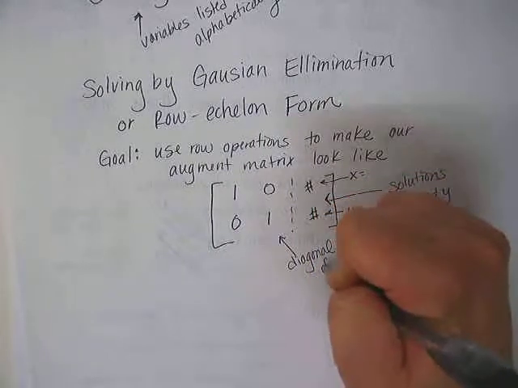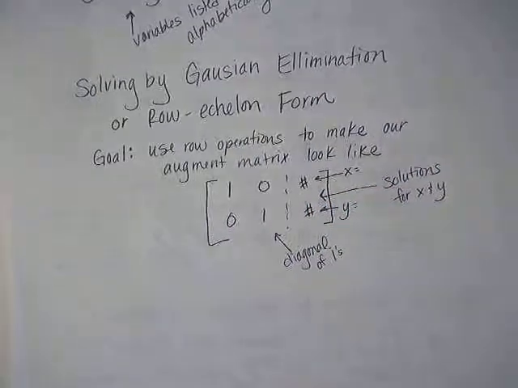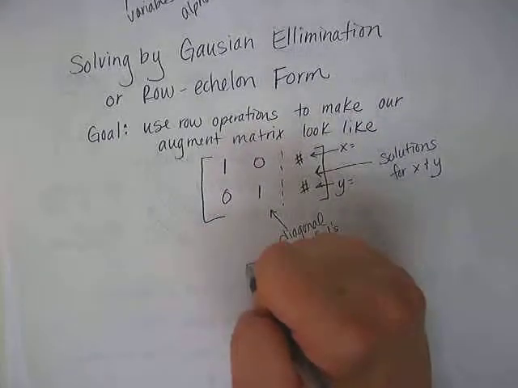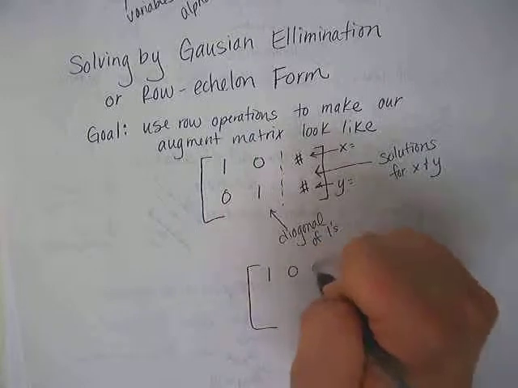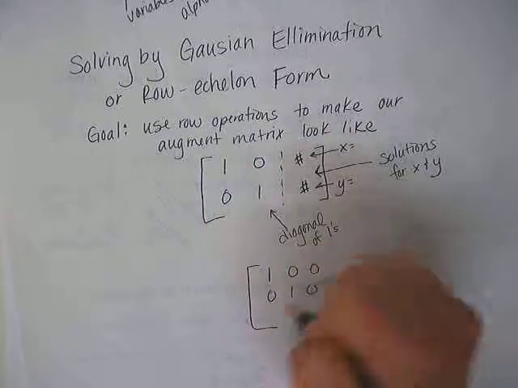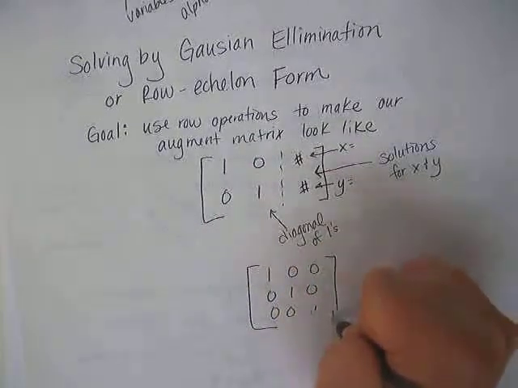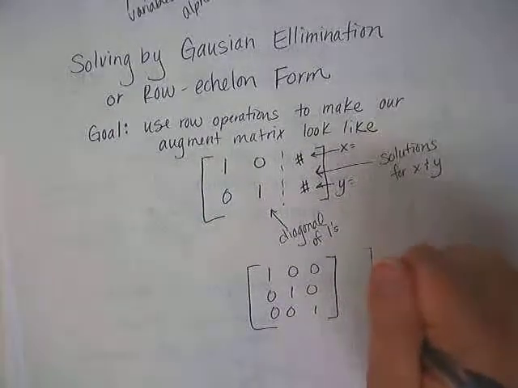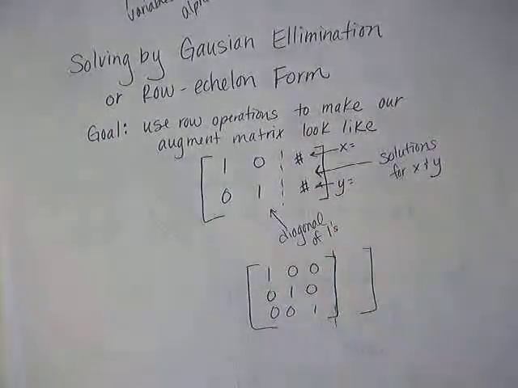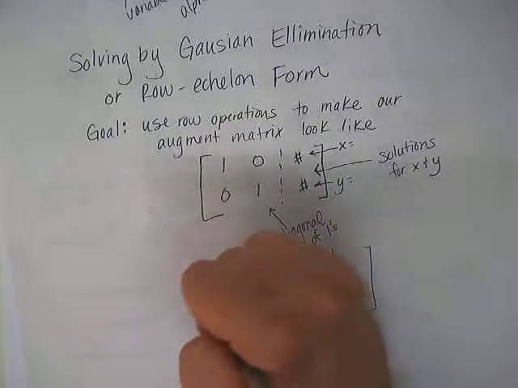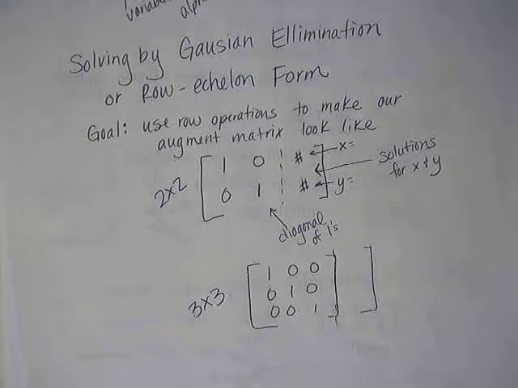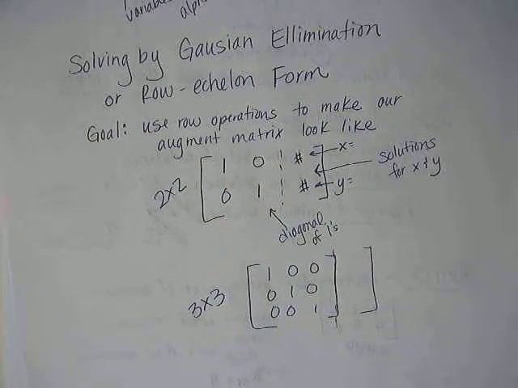And we need to have a diagonal of 1s. Now, sometimes you'll have some on your assignment that are 3x3s instead, where you'll have X, Y, and Z. And when that happens, it'll be like that, and you'll have your augmented part. So that's if you did a 3x3 system. This is for a 2x2.